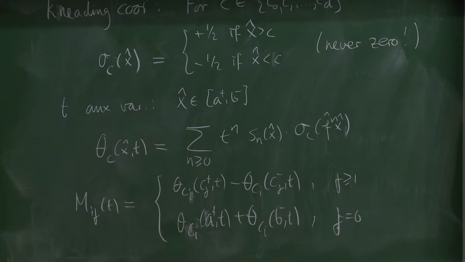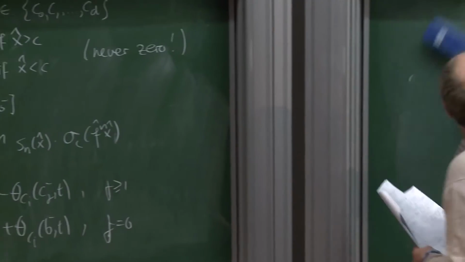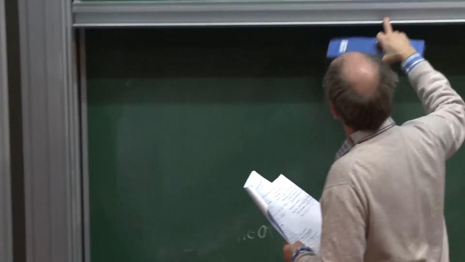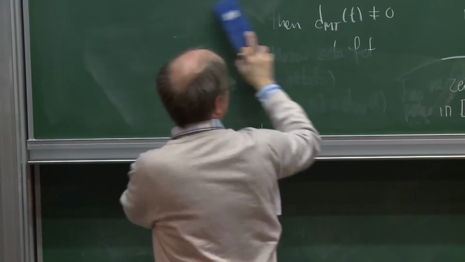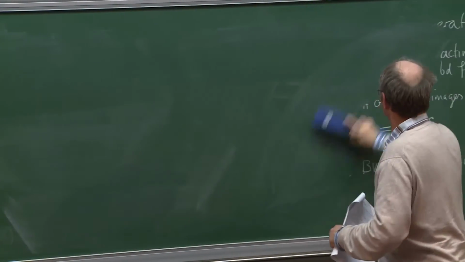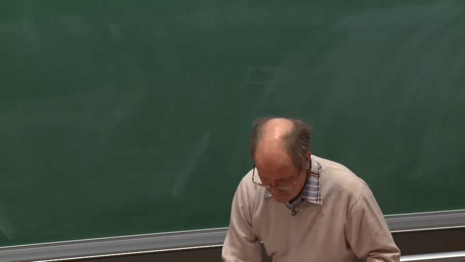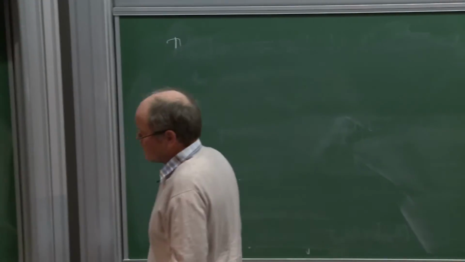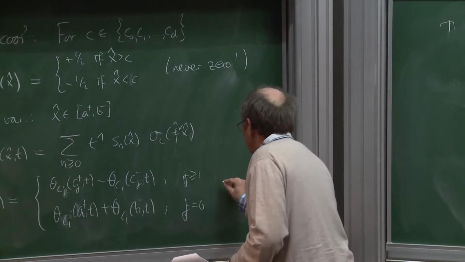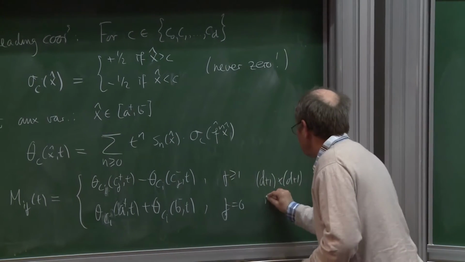But there are a certain number of critical points, so this is a d plus 1 times d plus 1 matrix.